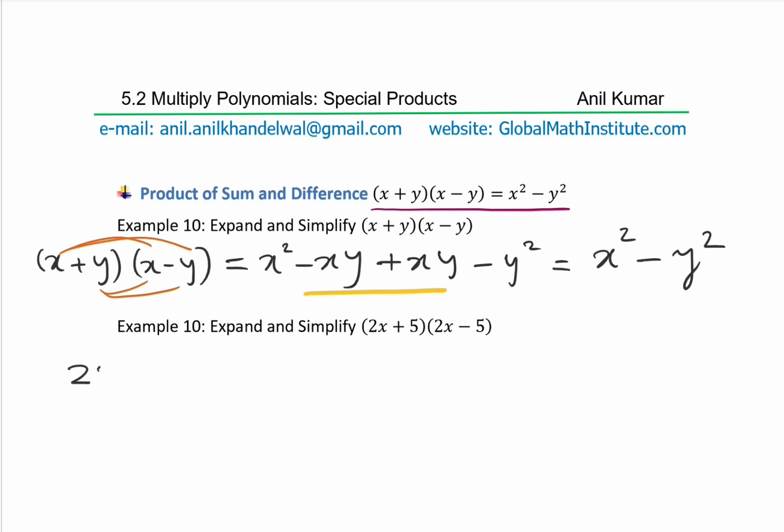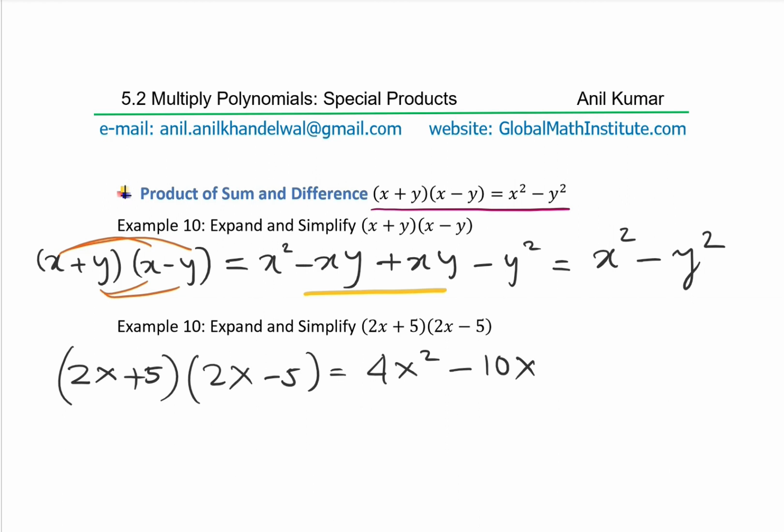So we have 2x plus 5 times 2x minus 5 and we need to expand. First we'll multiply with 2x, so we get 4x squared. Then 2x times minus 5 is minus 10x. So what we have done here is multiplied both the terms with 2x, and now we are going to multiply them with 5.